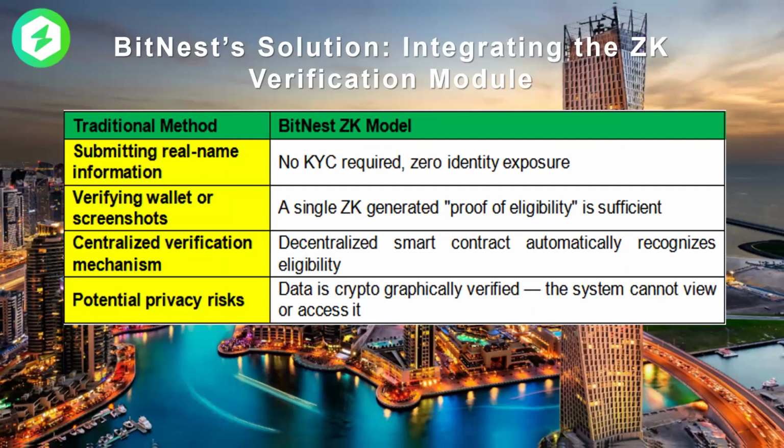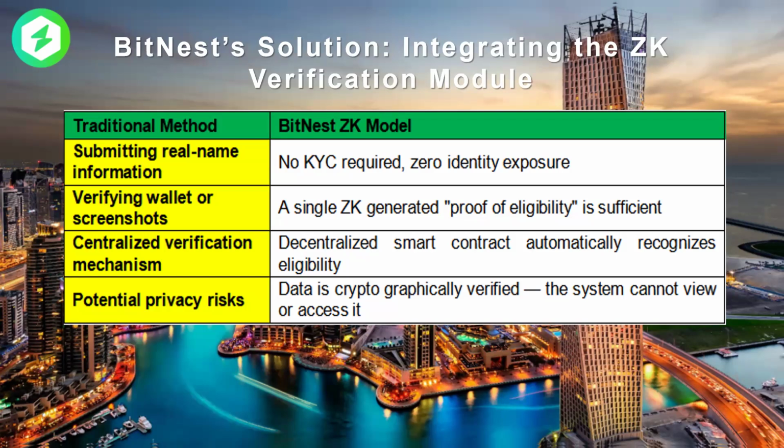In one of the core features, the loop yield model, users can participate in a capital cycling mechanism to earn stable periodic compound returns. But under the traditional framework, this process faces the following issues. First, the challenge of the traditional verification methods: users are required to publish their wallet address, asset balance, and transaction history, which significantly compromises data privacy.